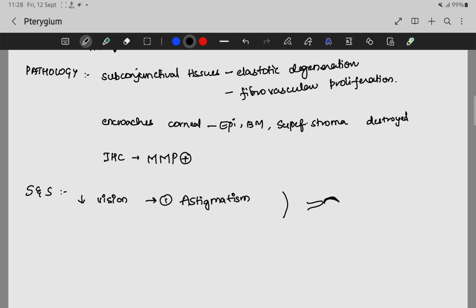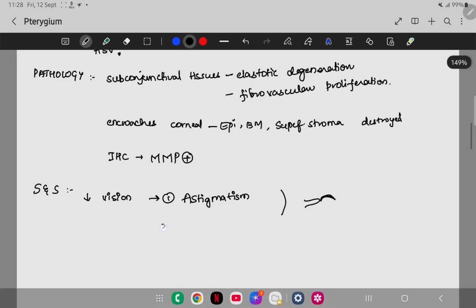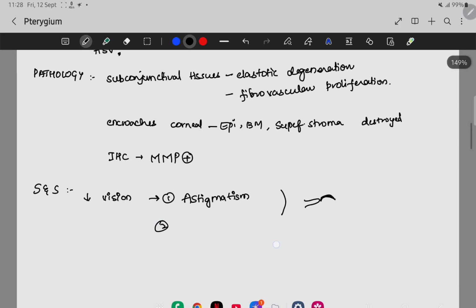And the second cause is when it encroaches on the pupillary area, so the visual axis is obstructed.